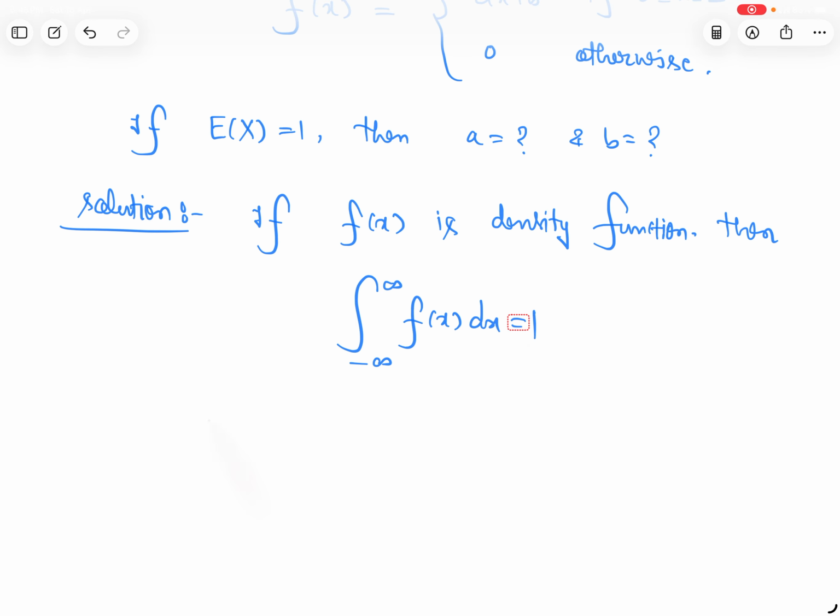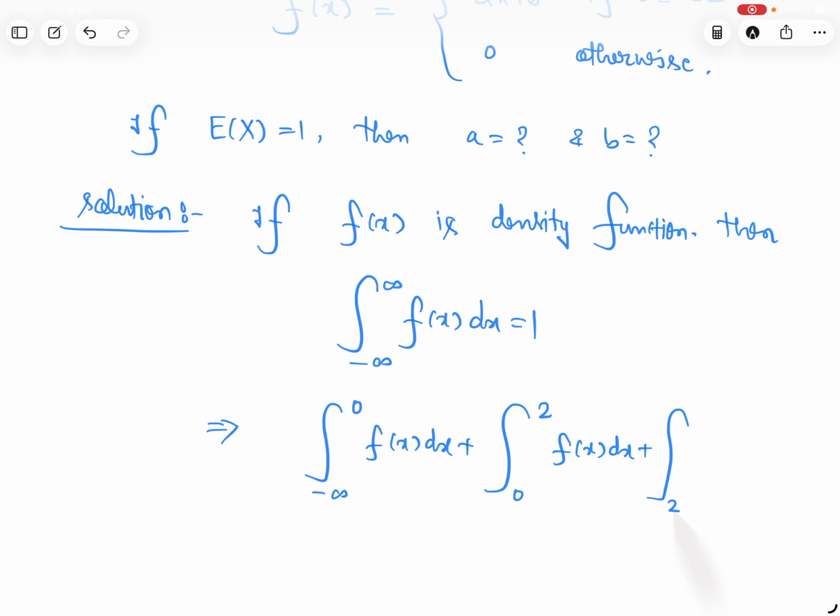So we can break this integral into minus infinity to 0 of f(x) dx, plus 0 to 2 of f(x) dx, plus 2 to plus infinity of f(x) dx. Then it will be 1.